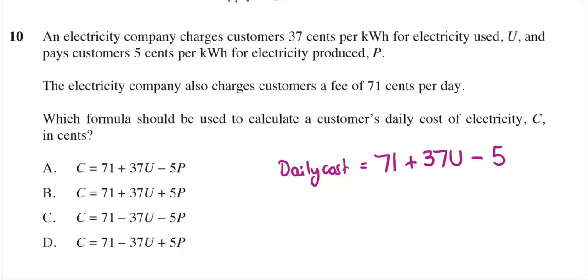It's going from the electricity company to the customer. So it's like a negative cost. So I'm looking for a formula that's 71 plus 37U less 5P. The answer is A.